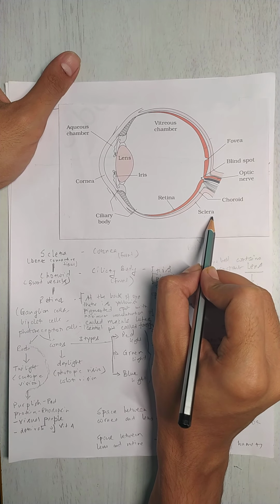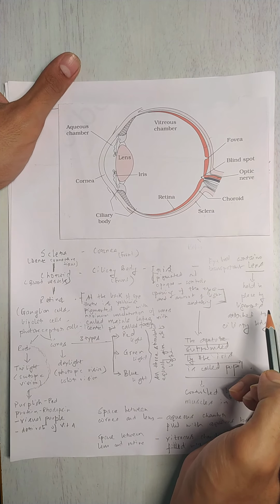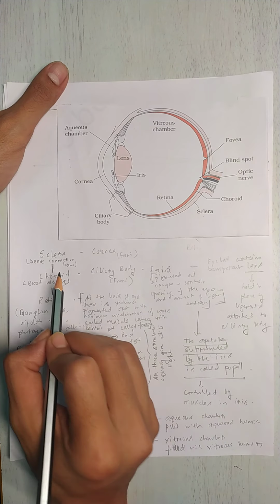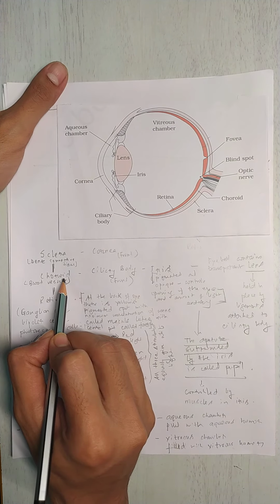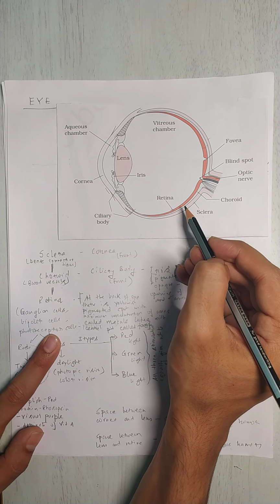Okay, so what is the sclera? The sclera is a very dense connective tissue layer, whereas the choroid consists of blood vessels. So the middle layer in the eye, the choroid layer, has blood vessels that supply blood and oxygen to the eye. And then the innermost layer, that is the retinal layer, is composed of the ganglion cells, the bipolar cells, and photoreceptor cells.